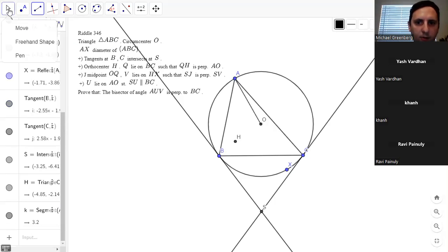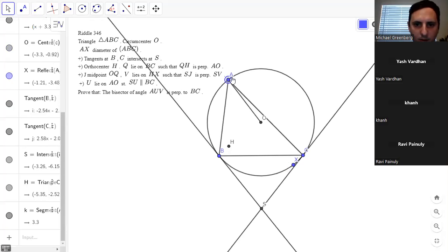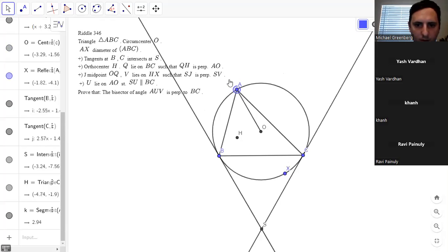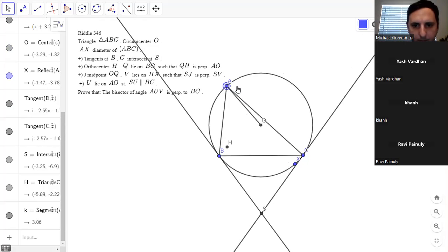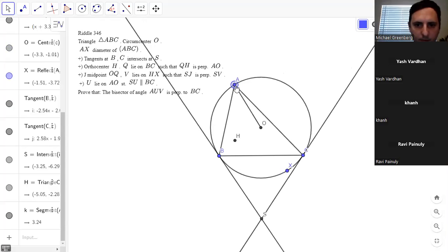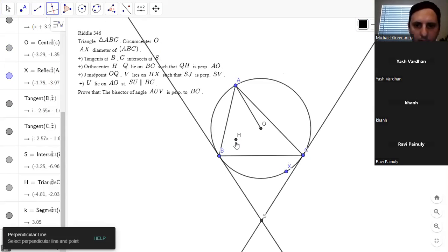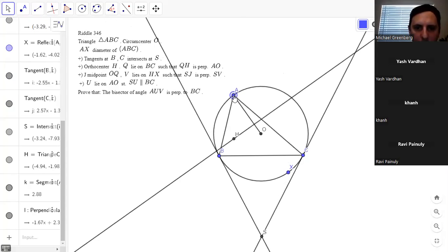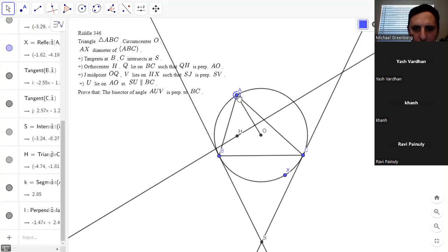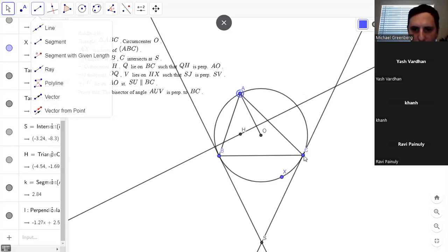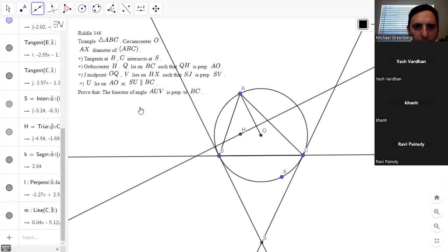So let me draw this a little bit different. Yeah, I think we want QH perpendicular to AO. It's the best way. Maybe something like that. So QH is perpendicular to AO.